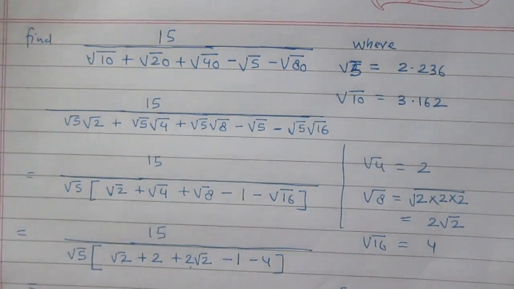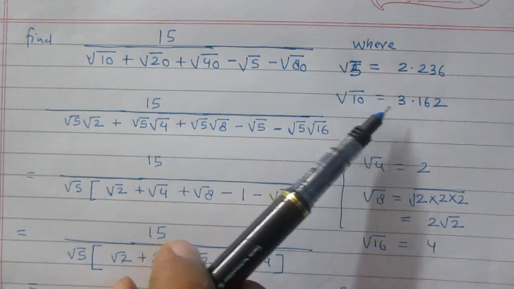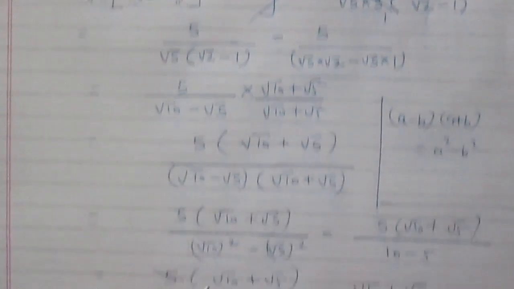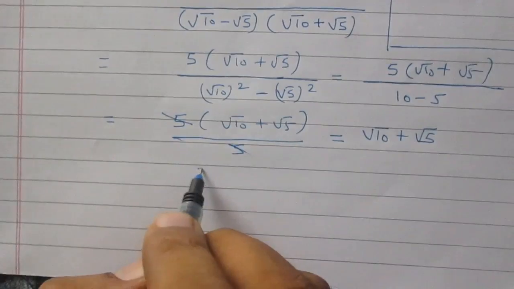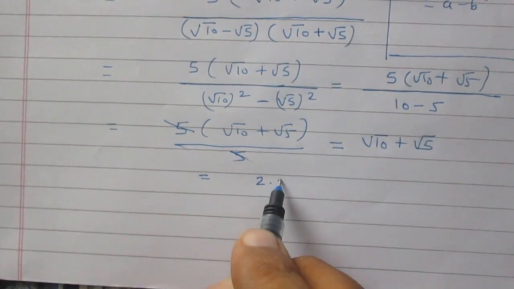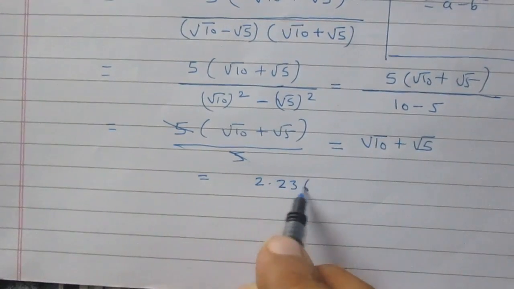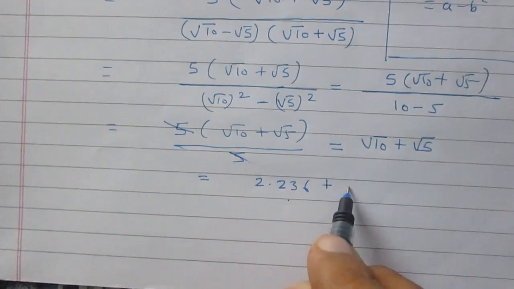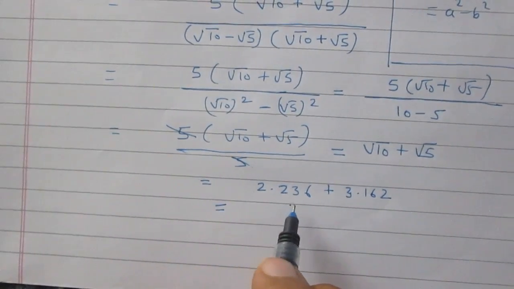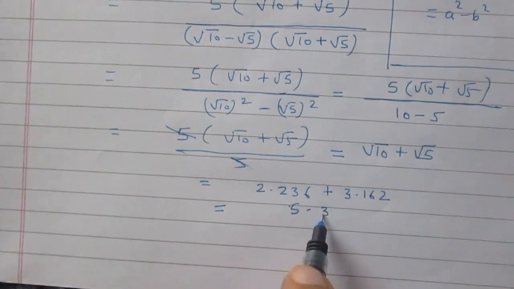Square root 5 is 2.236 and square root 10 is 3.162. So after substituting these values, square root 5 is 2.236, and square root 10 is 3.162. So the final answer is 5.398.